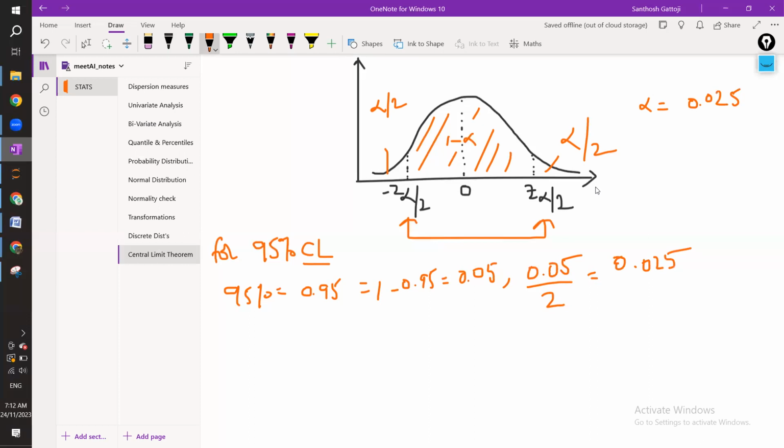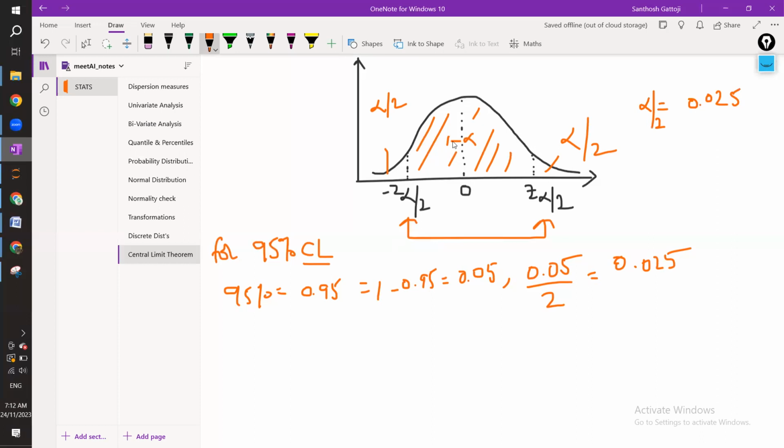Are you good? Alpha by 2 will be 0.025. Now see guys, 1 minus alpha is 95%.